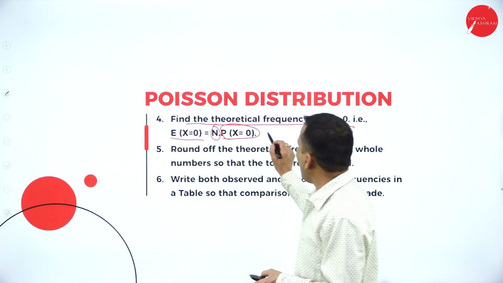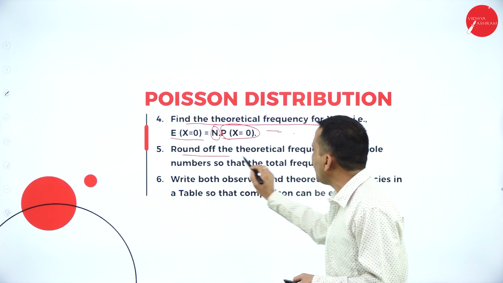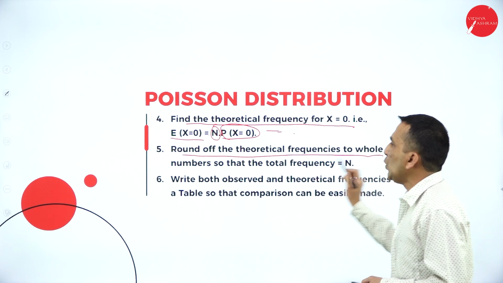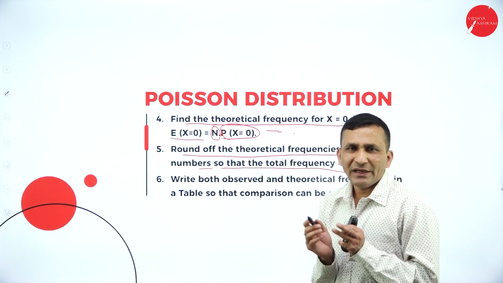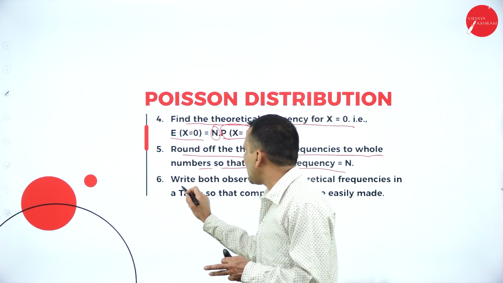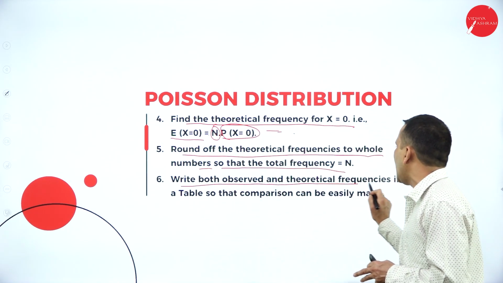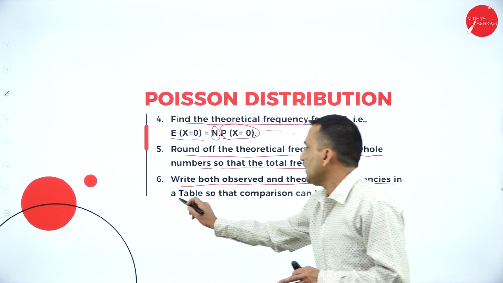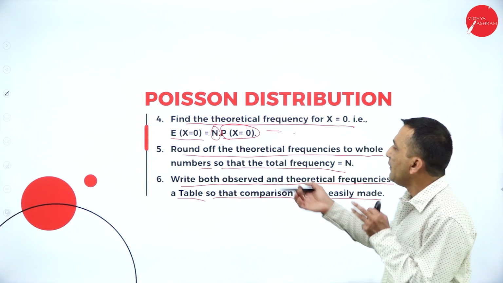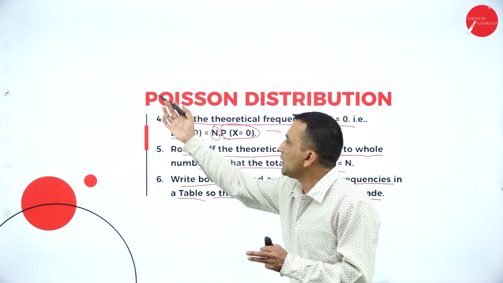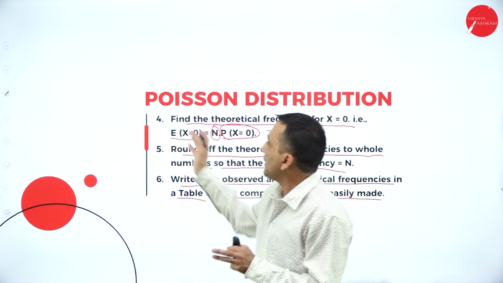Whatever value you get, round off the theoretical frequency to a whole number, so that the total frequency is equal to n. Last step, write both the observed and theoretical frequencies in a table so that the comparison can be easily made, which is not compulsory. Still, if you want, you can prepare the table.